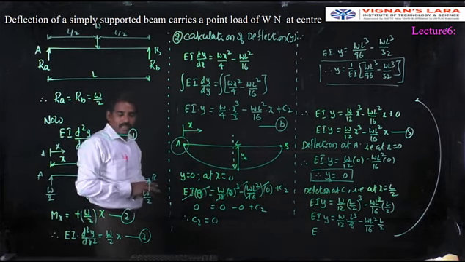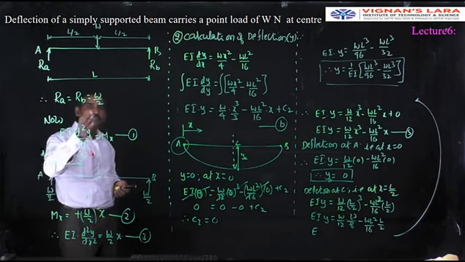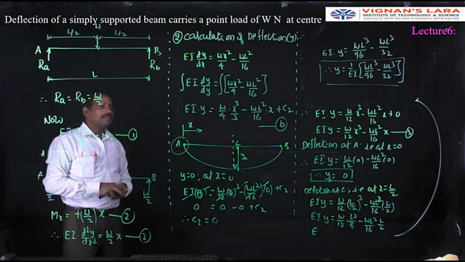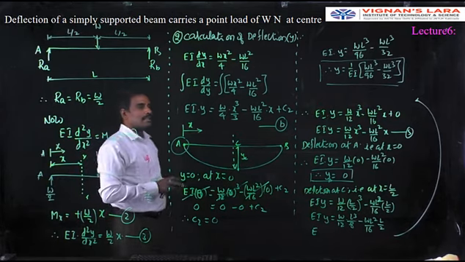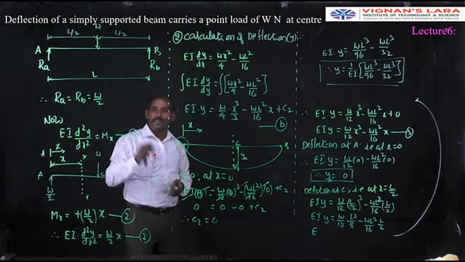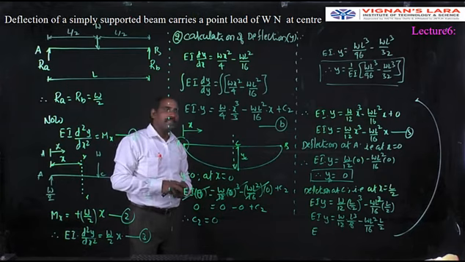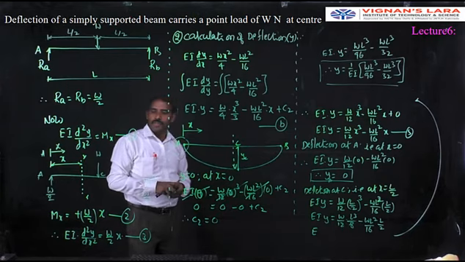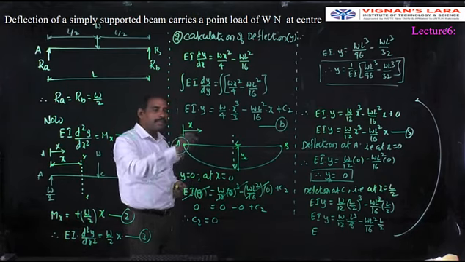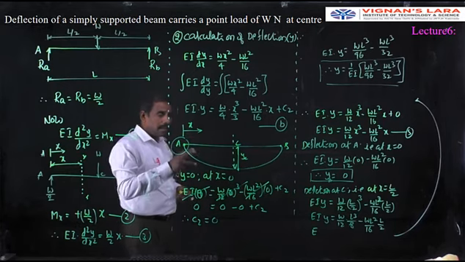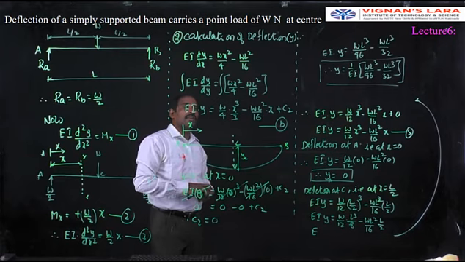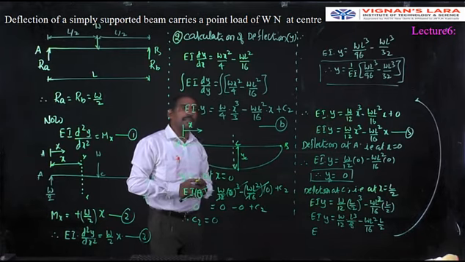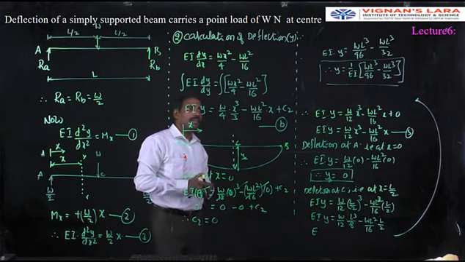Once it is integrated, we will get the slope equation in which there is a constant C1. The constant C1 is obtained by using the boundary conditions, that is the slope is 0 at x is equal to L by 2. Then you can find out the constant of integration C1.